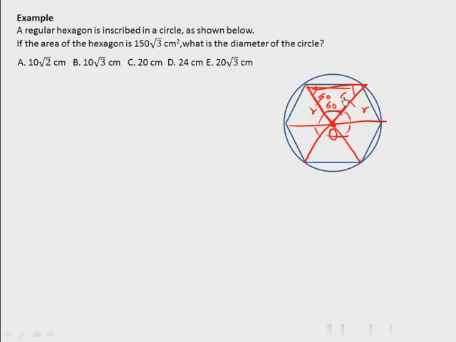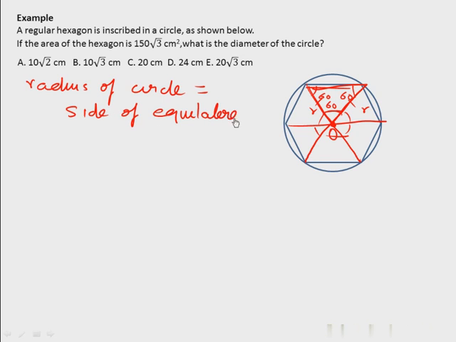So these are also 60 each. So I found out something very important, that the radius of the circle is the side of that equilateral triangle. So radius of circle equal to side of equilateral triangle.